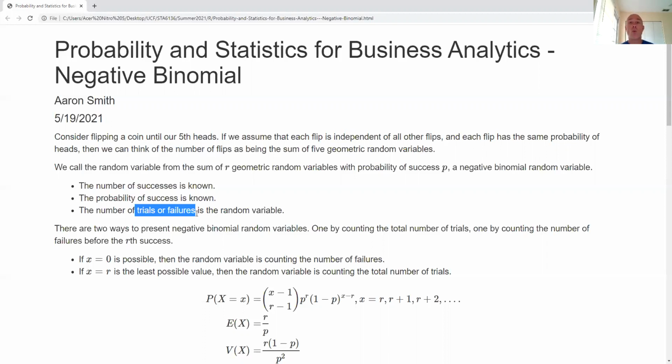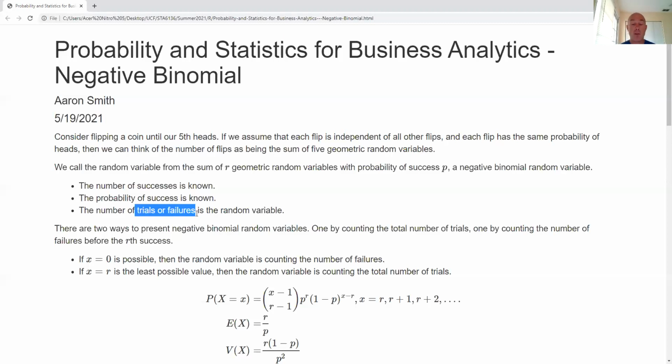What we're going to do here is work with the number of trials total, so successes and failures. There's a correspondence, just a shift in the formula for us. When you look at the literature, it can go both ways. And sometimes when I was looking online, I found articles that actually used both presentations in the same article.